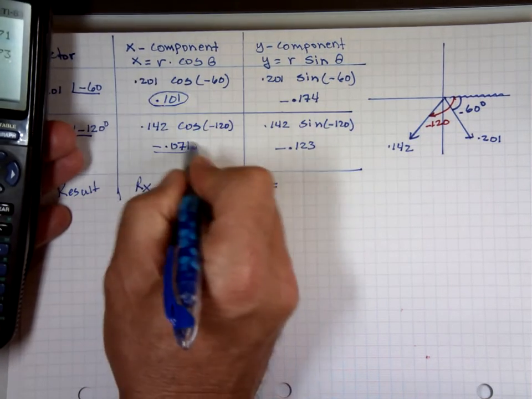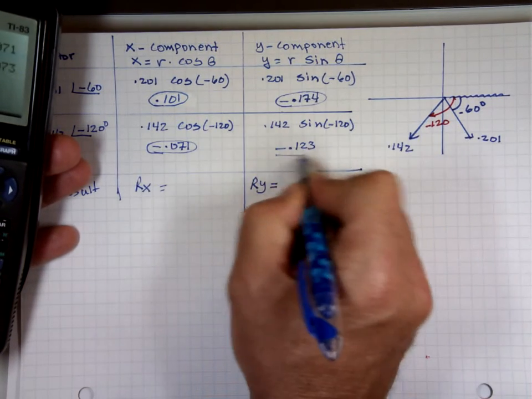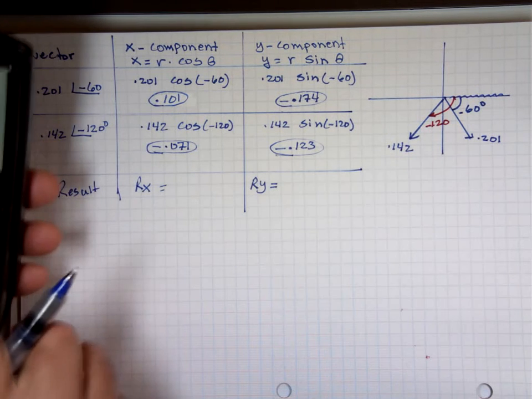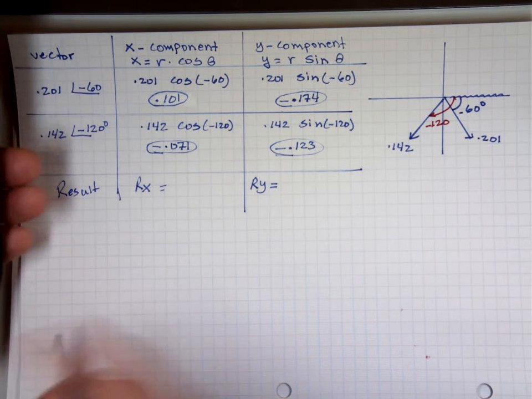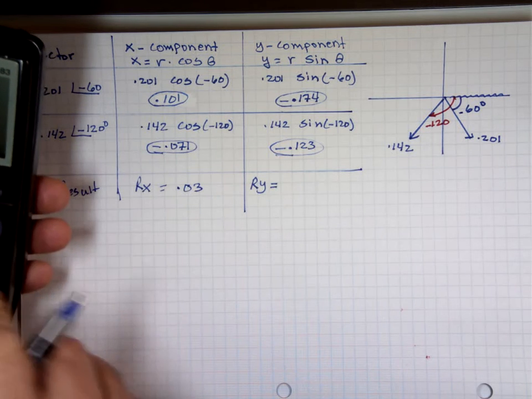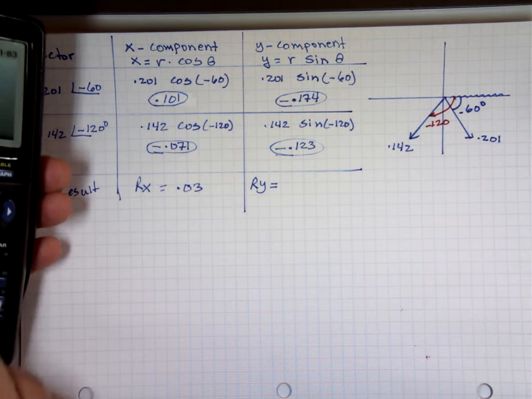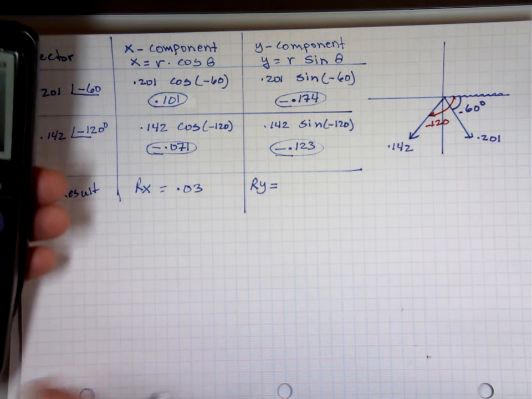The result in the y direction, this one, add it to that one. 0.03. The result in the y direction, 0.174, 0.123, add them together, that's a negative.